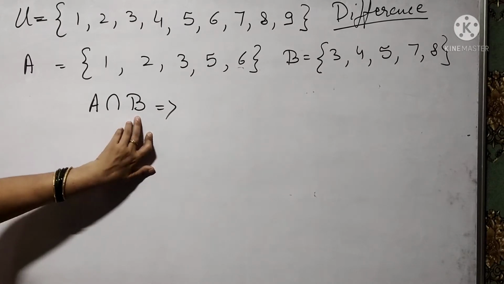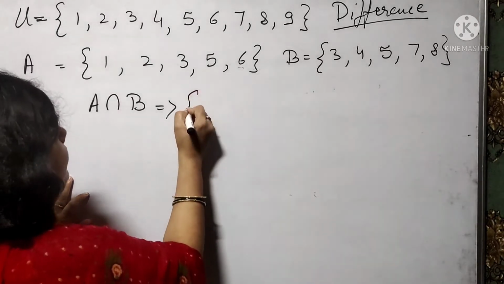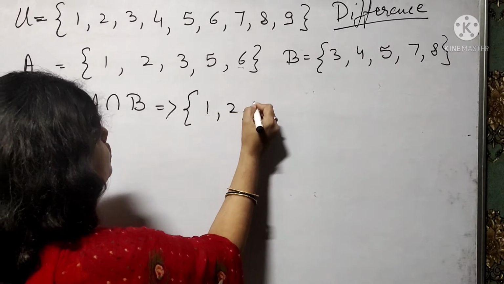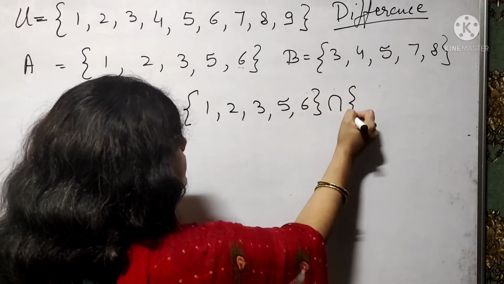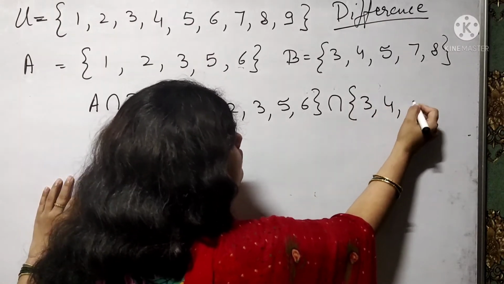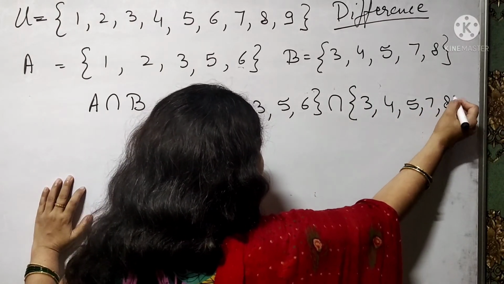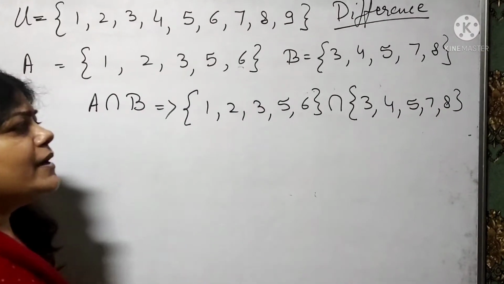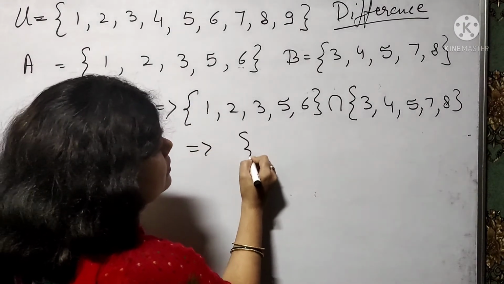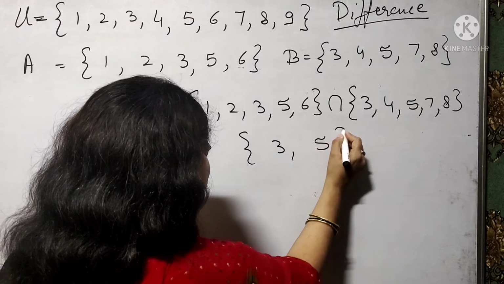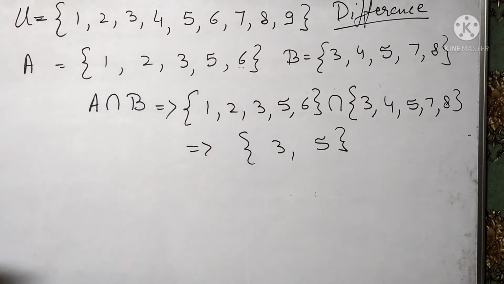I told you previously, but I tell you again. Write the set A: 1, 2, 3, 5, 6. Then set B: 3, 4, 5, 7 and 8. Now what are the common terms in both sets? These are 3 and 5.